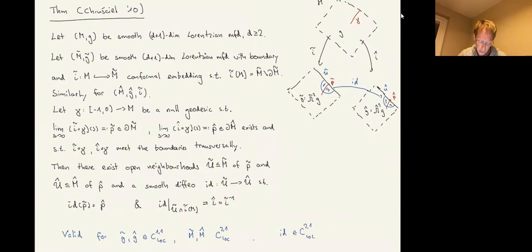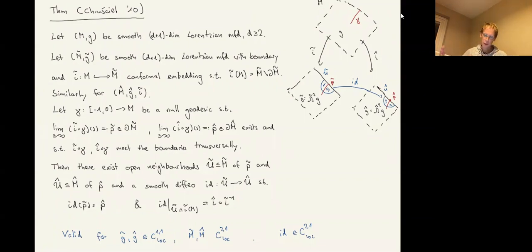So in the rest of the talk, I'm mainly interested in isometric embeddings. The motivation of this theorem, also of attaching smooth boundaries, is partly that what this theorem gives you is that the differentiable structure at null infinity is uniquely determined. So you can't find a different conformal boundary extension of an asymptotically flat Lorentzian manifold such that the differential structure at null infinity is different.